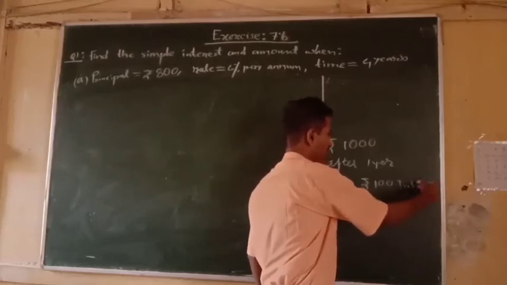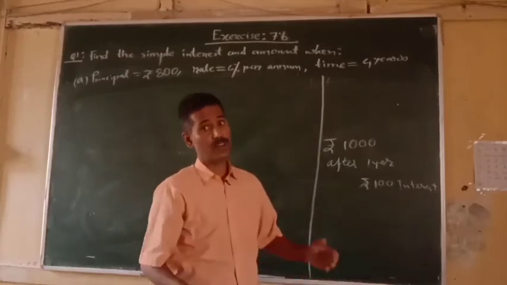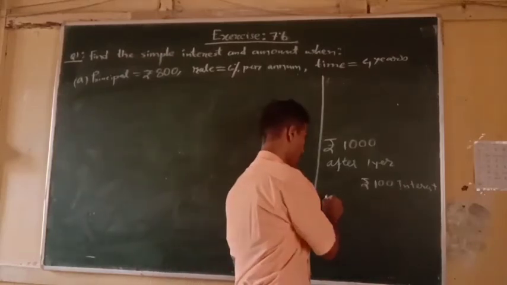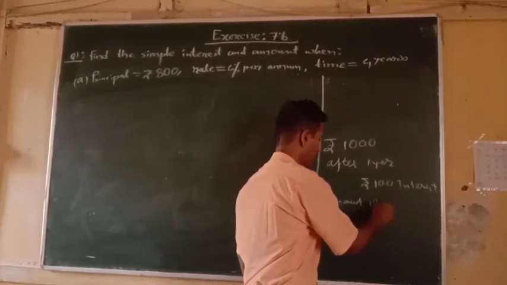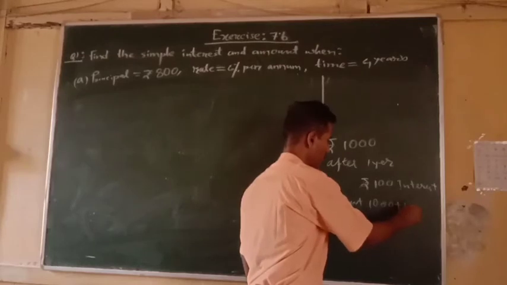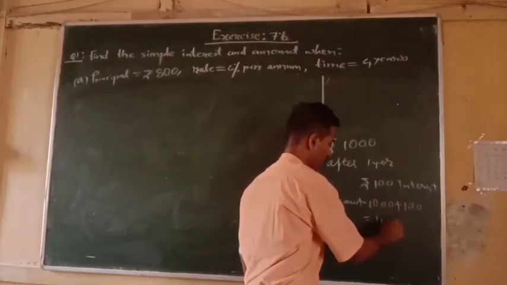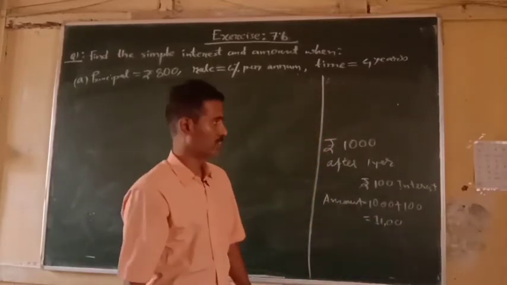Now you had 1000 rupees, and your total amount in your hand will be 1000 plus 100 equal 1100. Are you getting me?